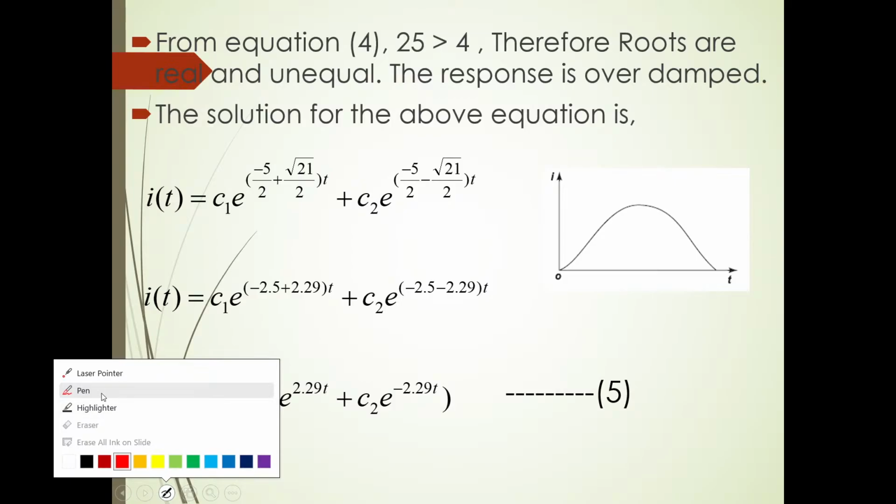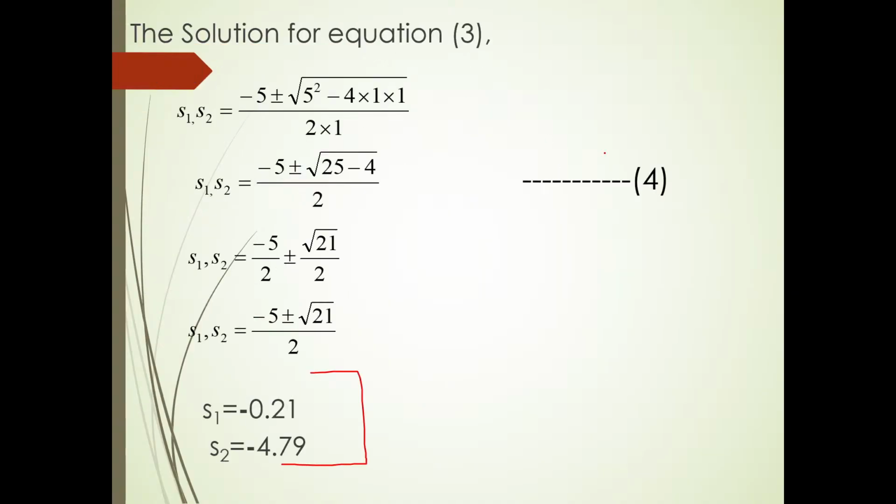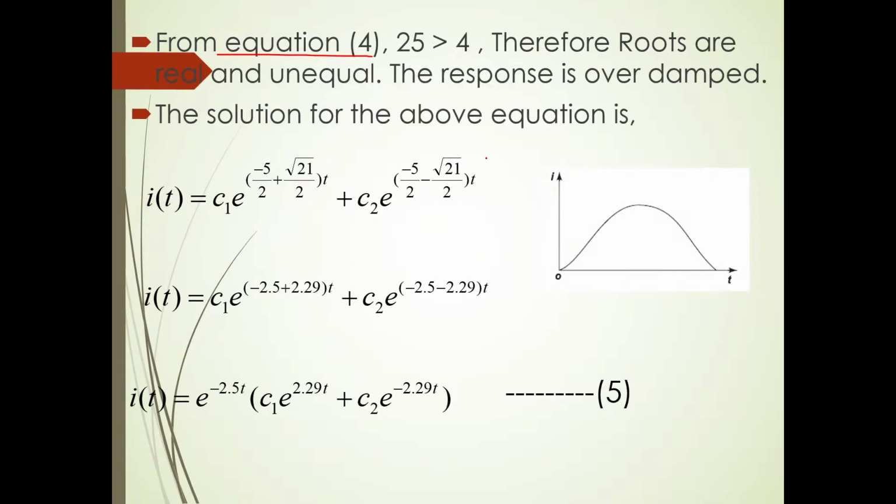Let us consider equation number 4. Now consider the term which is inside the root. What is there inside the root? 25 and 4. Among 25 and 4, 25 is greater than 4.